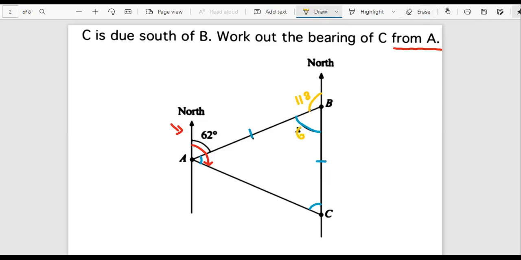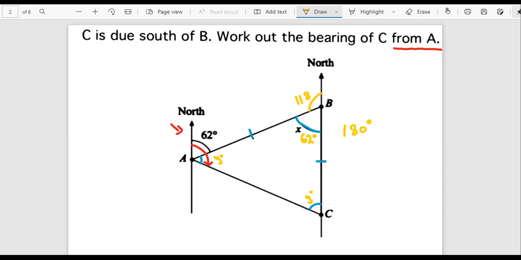Is this okay? Did you understand this, all of you? Yes. Okay, very good. I'm going to write it down. This is 62 degrees. And how are we going to calculate the angle at A and the angle at C? So let's call this angle y degrees and that blue angle y degrees because they are same.